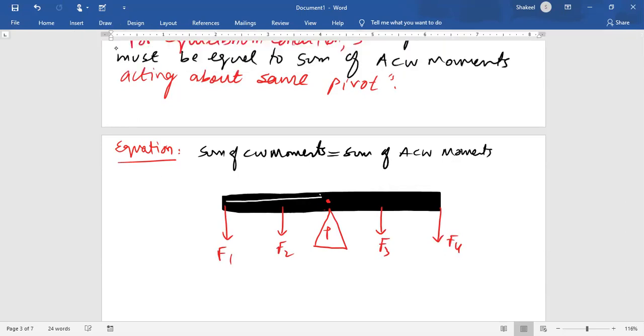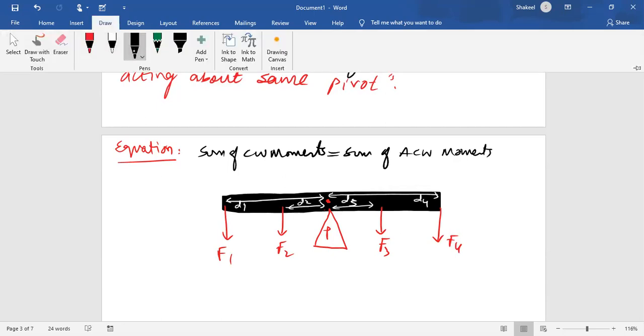Let's say the distance of F1 is D1, the distance of F2 from pivot is D2, the distance of F3 is D3, and the distance of F4 from the pivot is D4.